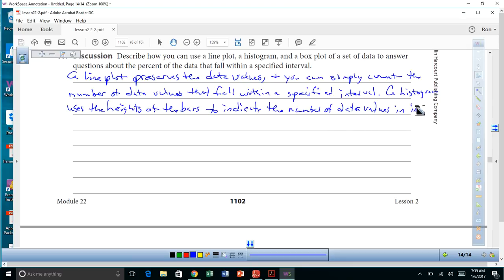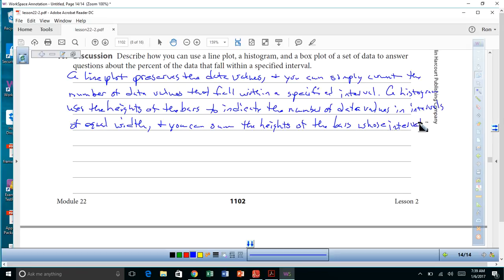In intervals of equal width, you can sum the heights of the bars whose intervals are part of the specified intervals.